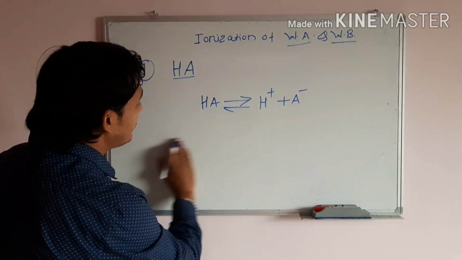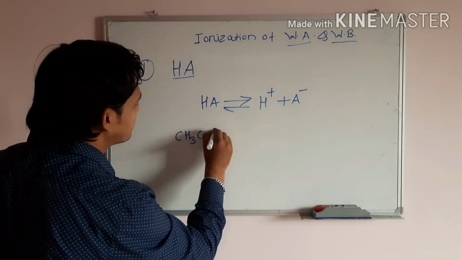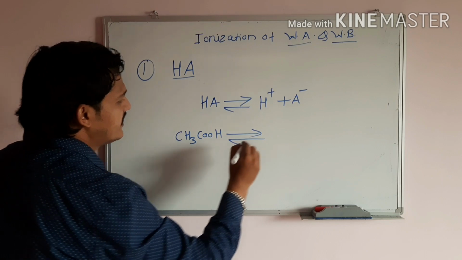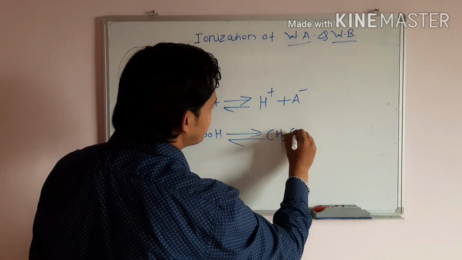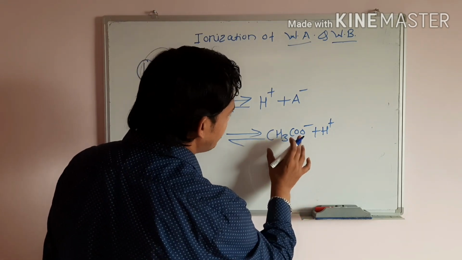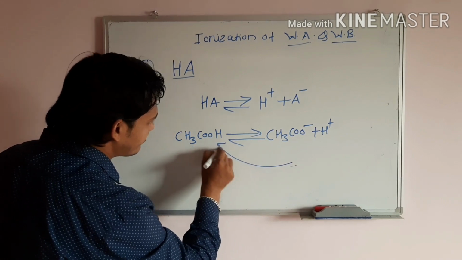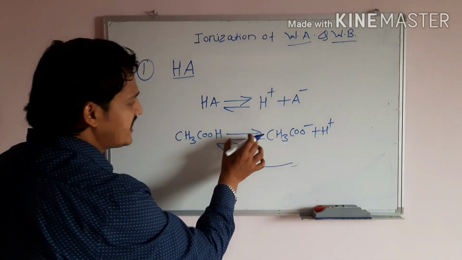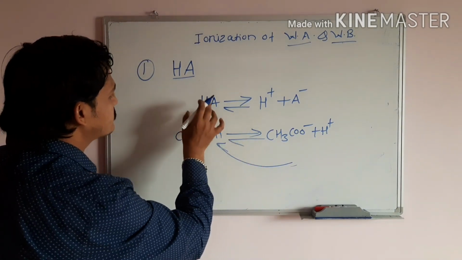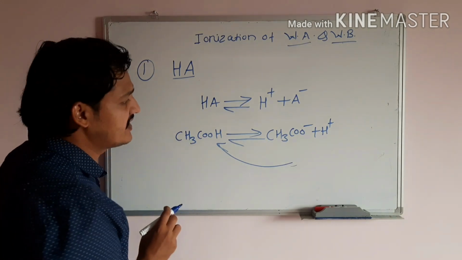But in case of weak electrolytes, there is partial dissociation. As I told you earlier, suppose the weak electrolyte CH3COOH produces CH3COO minus plus H plus. Then the acetate ion and hydrogen ion combine together to form it again. Then a two-way reaction is possible. Hence, with a reversible reaction, we can solve the ionization and dissociation for weak acids and weak electrolytes.